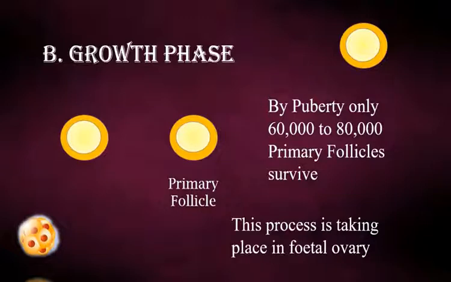Next, each primary follicle gets surrounded by more layers of granulosa and a theca, forming the secondary follicle.